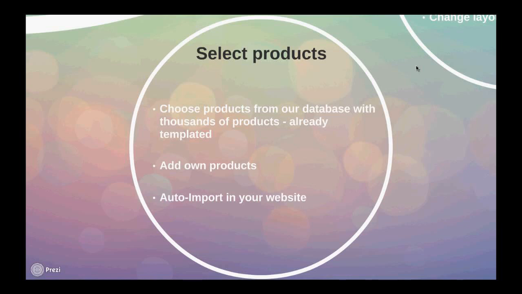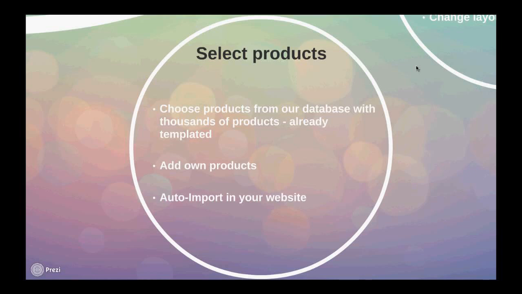All the products are already templated. Templated means the products are set up with a printing area, with a text area, with an image area. So the system knows where your end customer can put an image or a text. And that makes it, of course, quite easy for you to start this new business with your existing website.